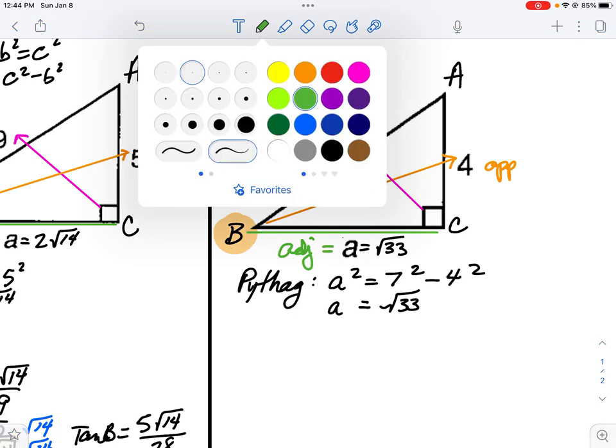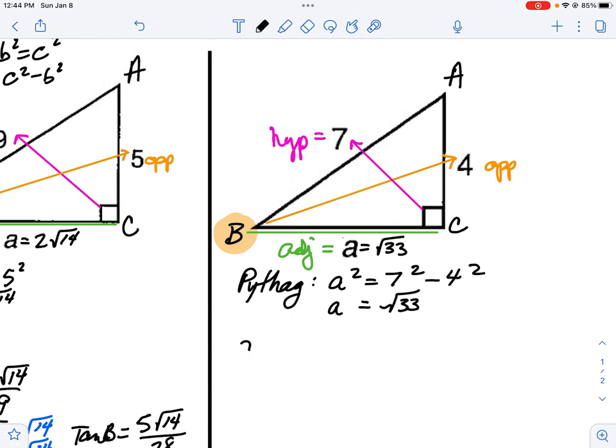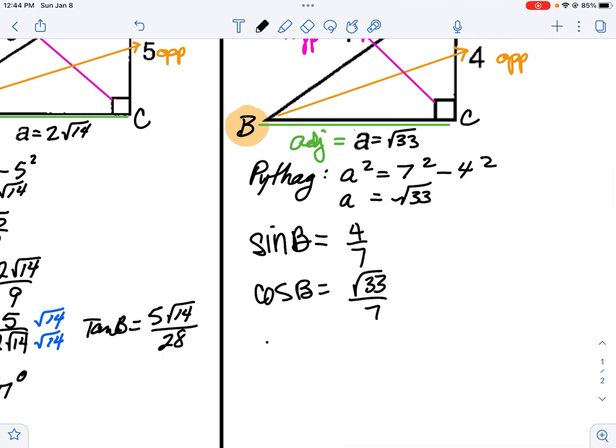And so sine of B is equal to 4/7. Cosine of B is root 33 over 7. And tangent of B is equal to 4 over root 33.